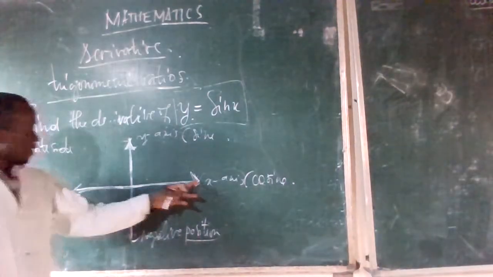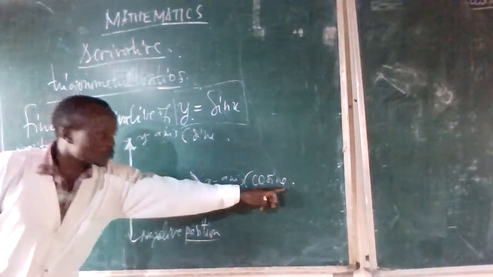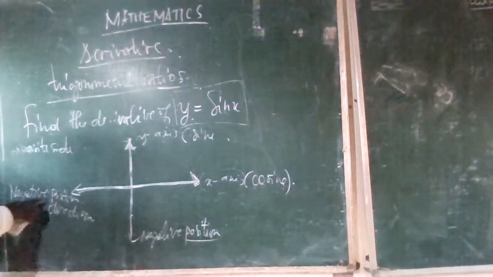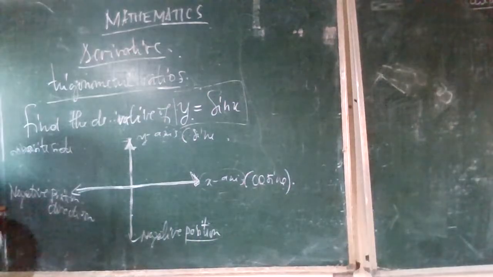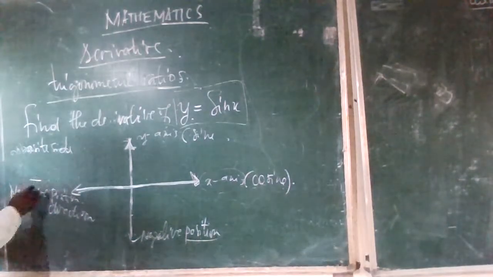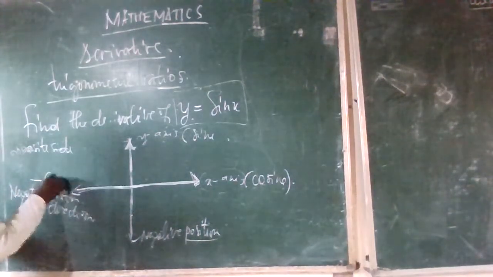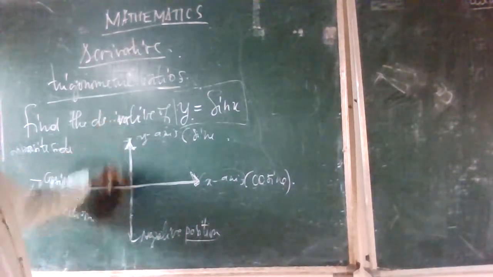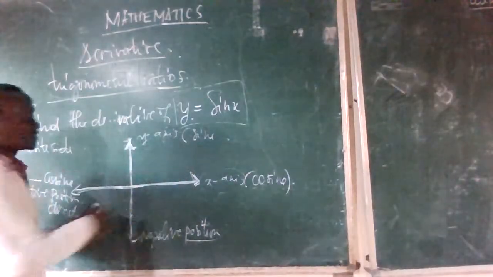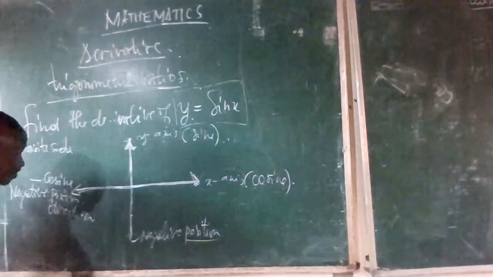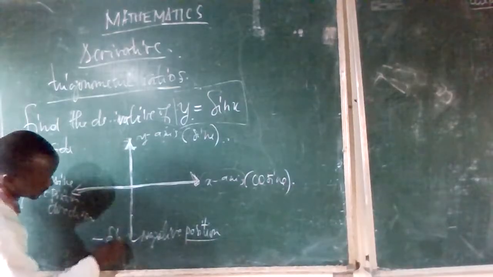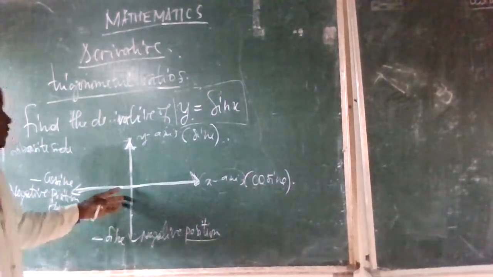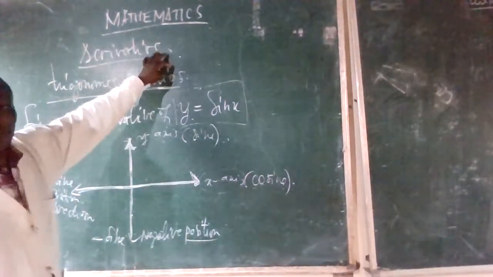In the different positions of cosine, where we have negative position or direction, we should have negative or minus cosine. Also, in the downward position of sine, we have a minus sign. Are we together here? It is what we are going to see by using derivative.